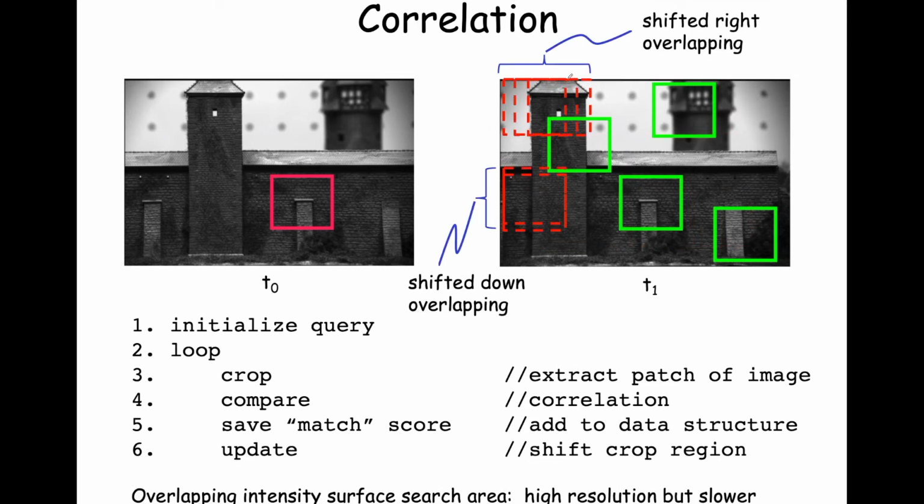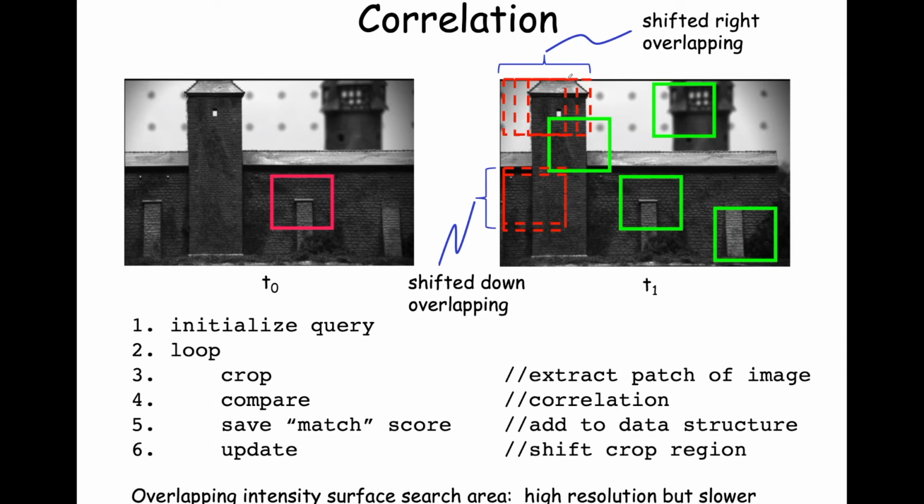Okay, we can also have overlapping target regions in the image at time t1. So let's now imagine instead of tessellating, non-overlapping, we're going to shift our target region, that search, that crop region in the image at time t1.